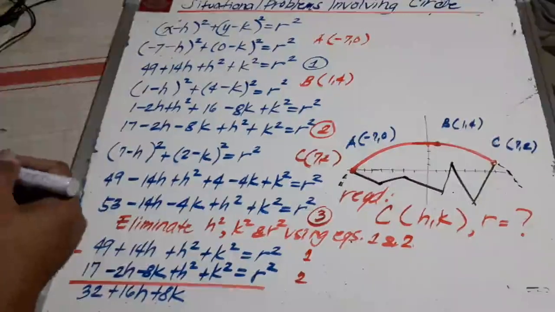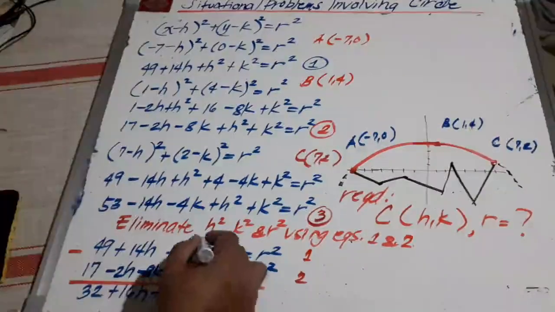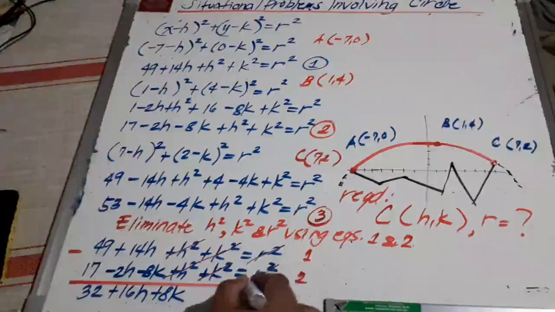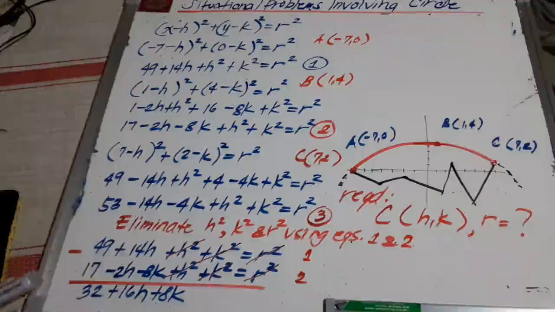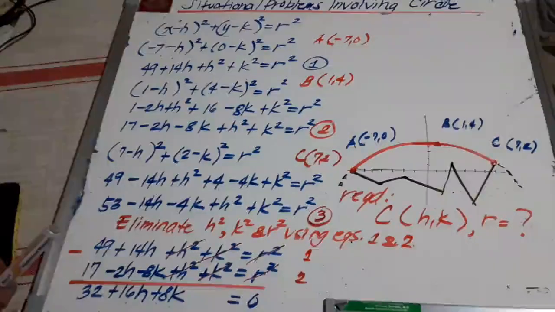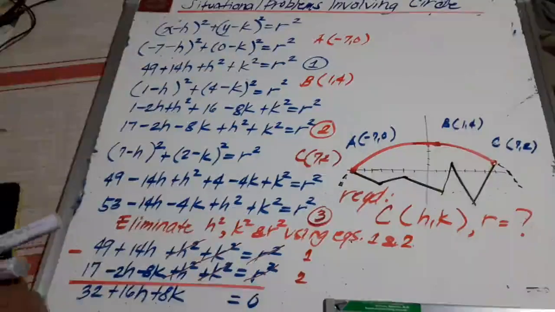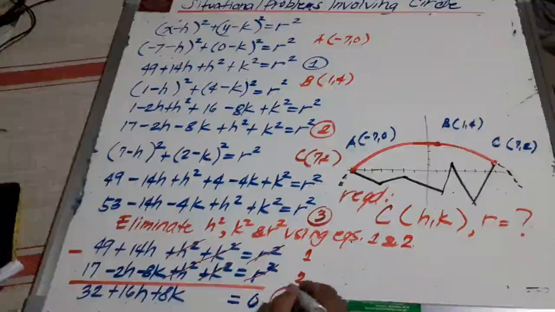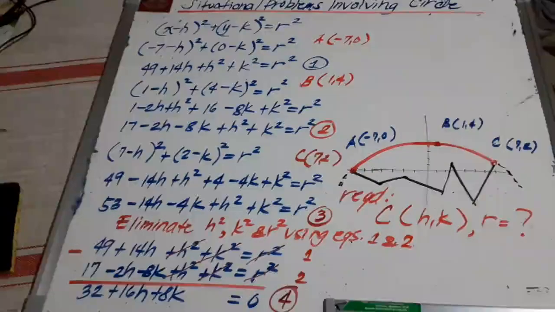And then, eliminated na yung ito, and this will become equal to 0. At tatawagin natin itong equation 4. Yan. We have 32 plus 16h plus 8k equals 0, equation 4.